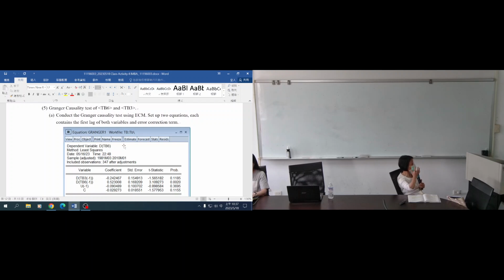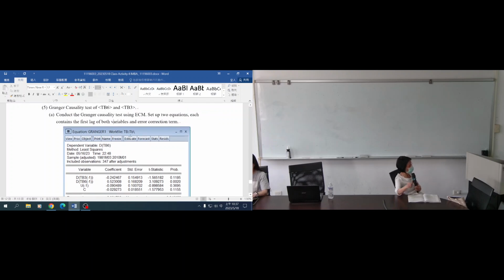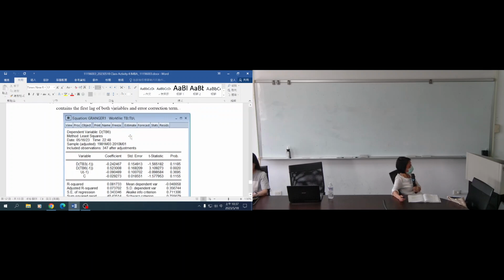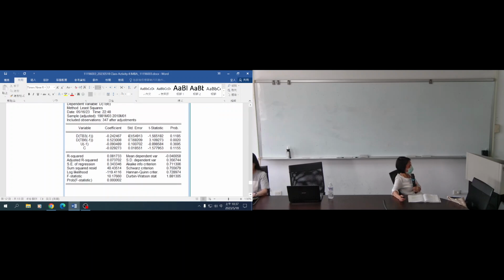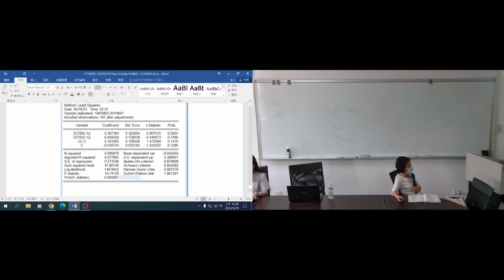So you have to look at the original variable instead of the difference. Okay, that's what I'm saying. Yeah, the variable here is wrong.